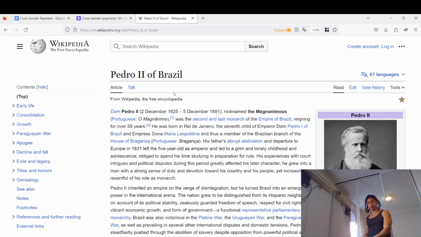Oh, interesting, they call this Pedro. I love it. Then it's not Peter, it's Pedro. Nicknamed the Magnanimous, or Magnânimo in Portuguese, he was the second and last monarch of the Empire of Brazil.